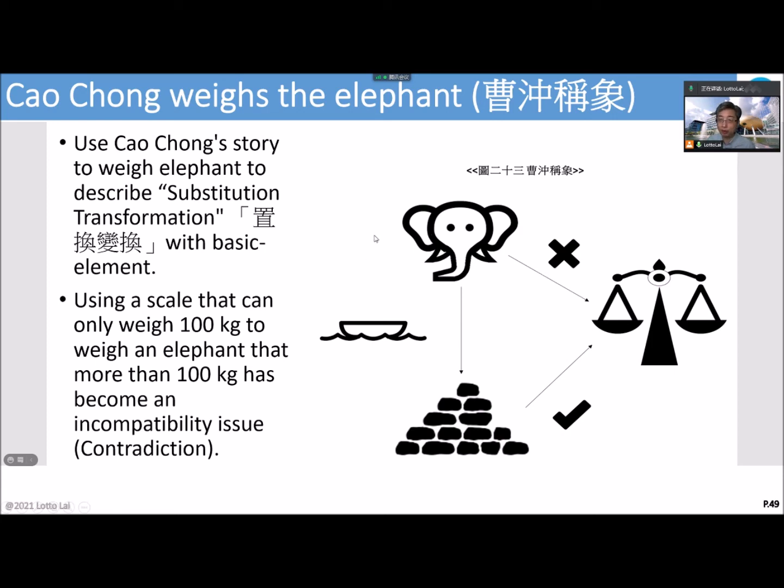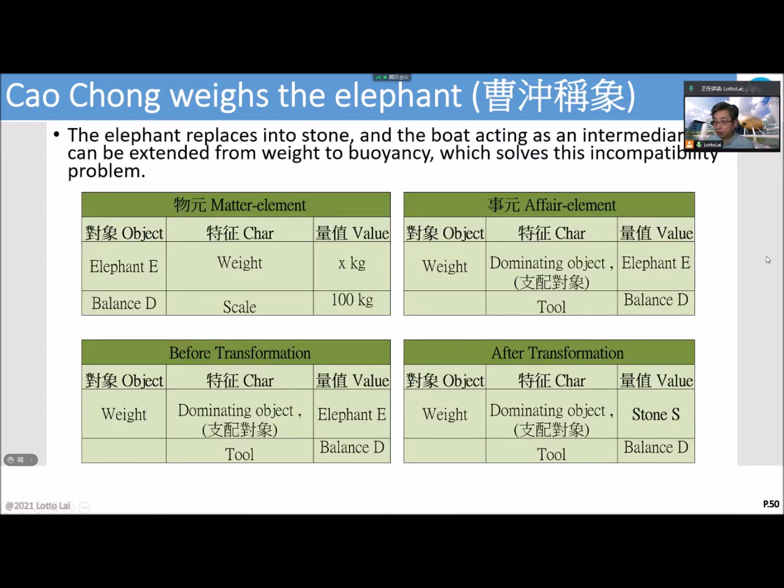So it is one example. And we use the meta element to write here. You can see the meta element and the affair element, and we will change the rating balance to become stones. Still balanced, but use stones instead of the elephant, this change.